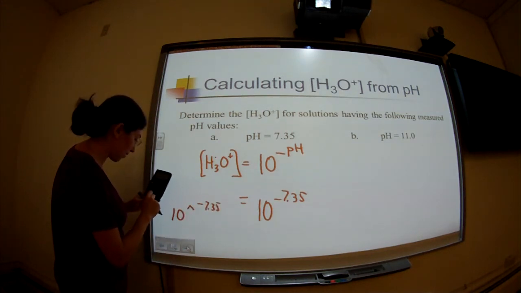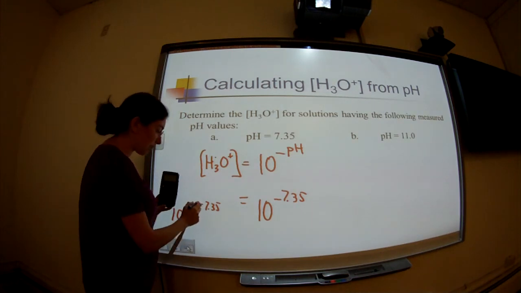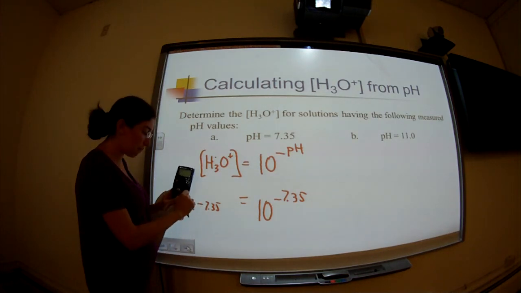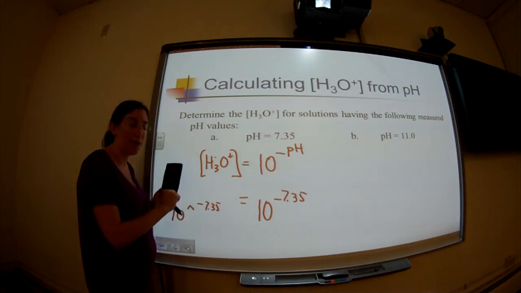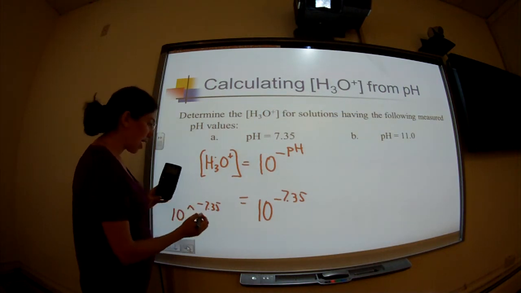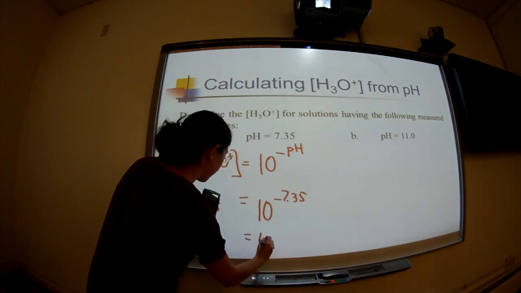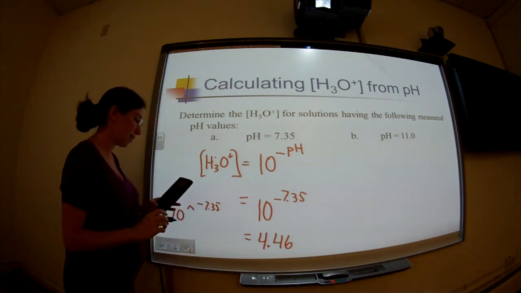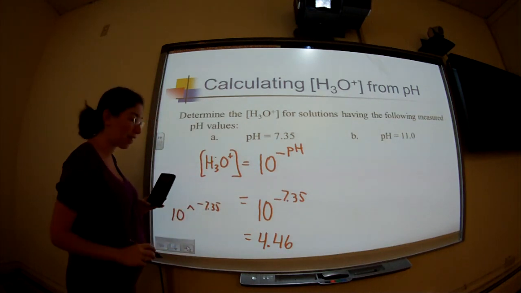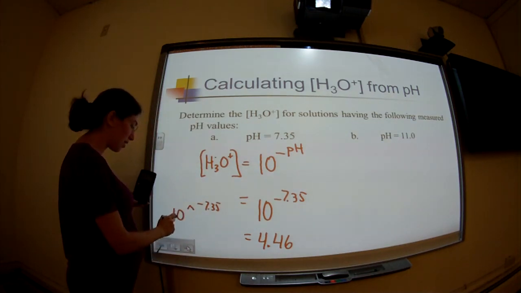Make sure that when you type in the negative that you're not hitting the minus key. There should be a separate key that converts things to the negative. Okay, and I get an answer of 4.466835, and it keeps going. Okay, but I'm just going to say 4.46.